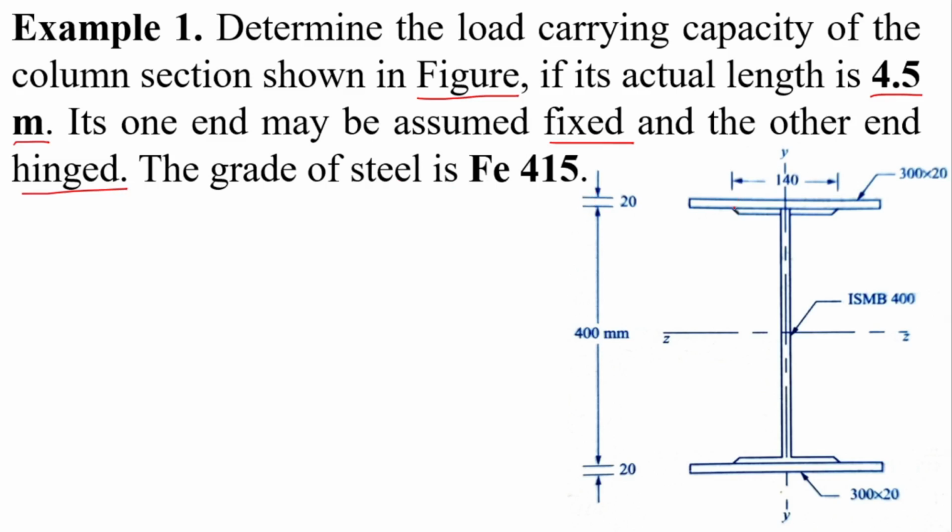The given column section in the question is a built up column section. Why built up? Because here this is one I section which is ISMB 400. Along with the I section, two plates having dimension 300 mm into 20 mm are used both at top and bottom.